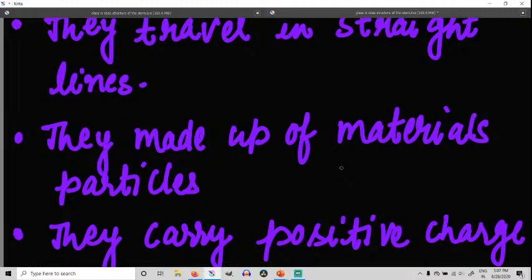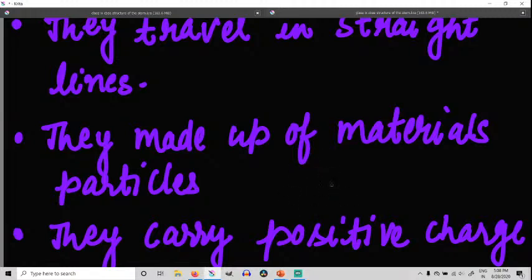If you keep a light paddle wheel in their path, what is going to happen? It is going to rotate. So why are they rotating? Because when the anode rays strike this light paddle wheel, it will start rotating. It means they must be carrying some material particles which have mass.